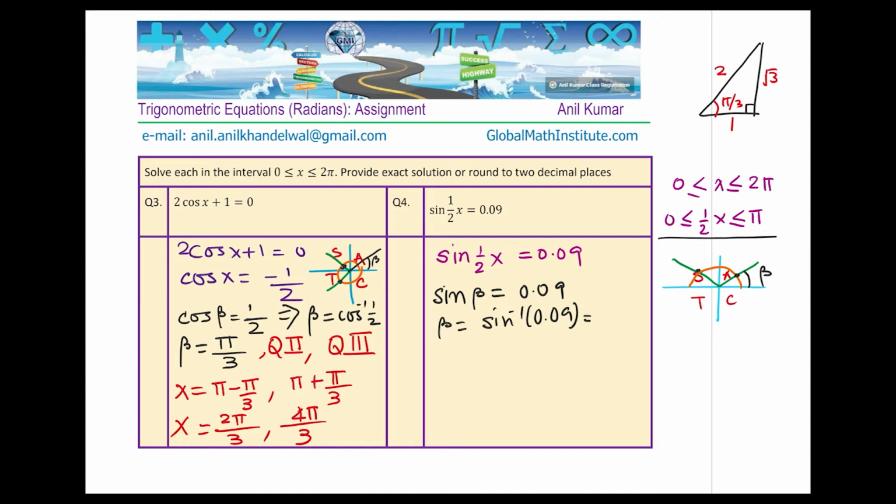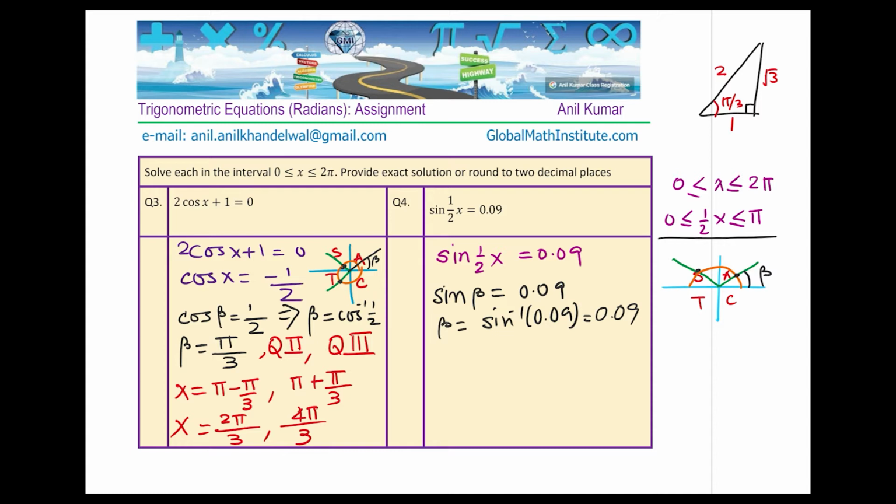You see, for small angles in radians, sine theta is almost equal to theta. Very important to see from here, right? So we have beta as 0.09.